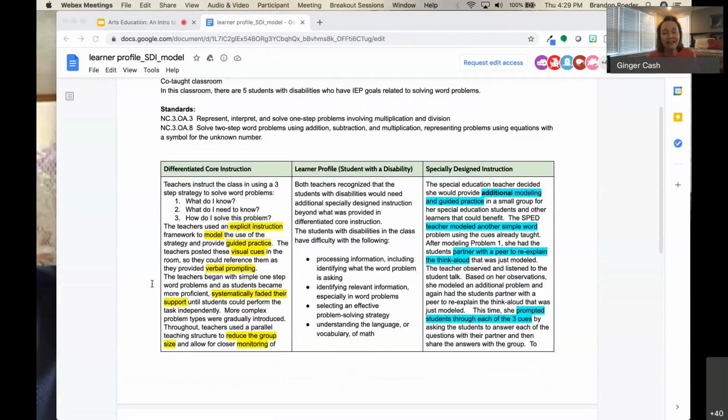But I've highlighted that it already had some built-in practices that were already over in that high leverage practices in special education: explicit instruction, scaffolding, that flexible grouping, reducing group size, monitoring students, giving them feedback. I've highlighted some of those in yellow.